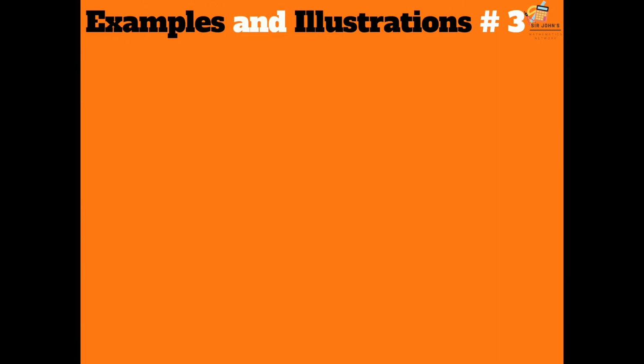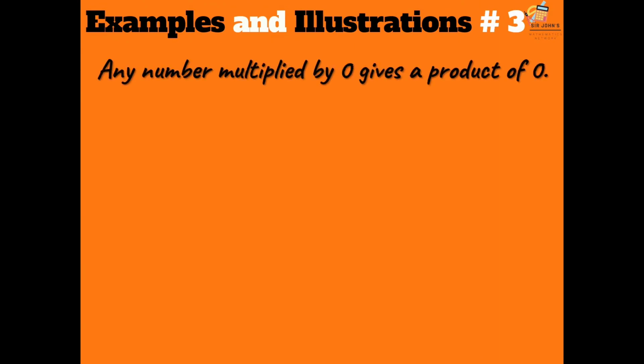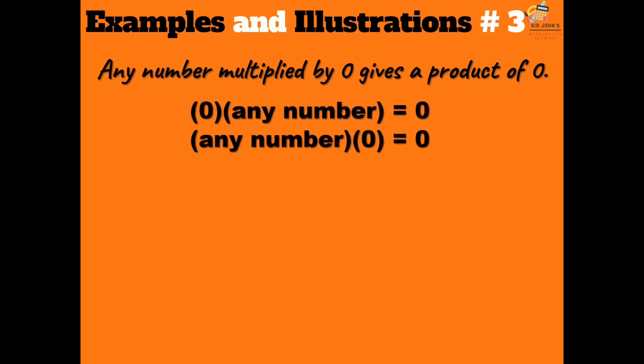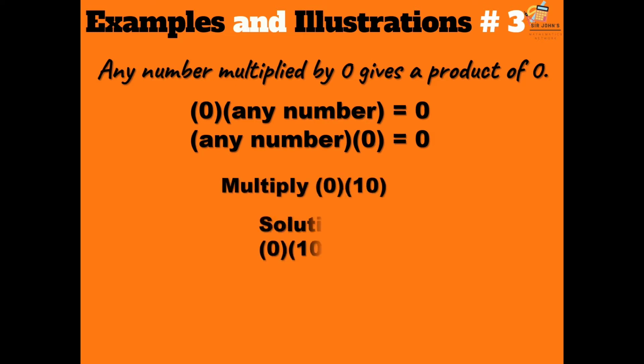Example number 3. Any number multiplied by 0 gives a product of 0. So, it means 0 times any number is equal to 0 or any number times 0 is equal to 0. Let's say for example, multiply 0 times 10. The solution is 0 times 10 is equal to 0.